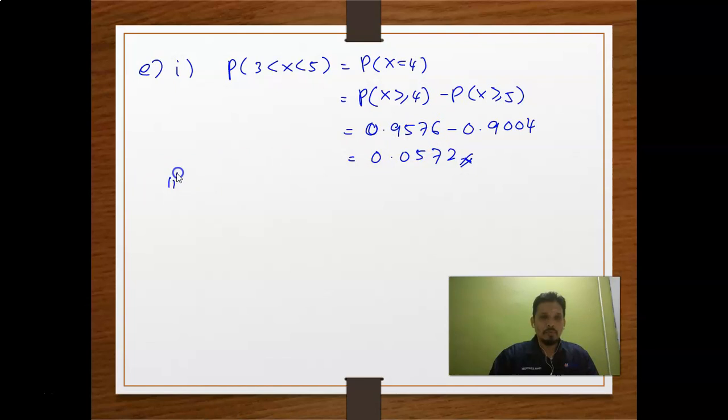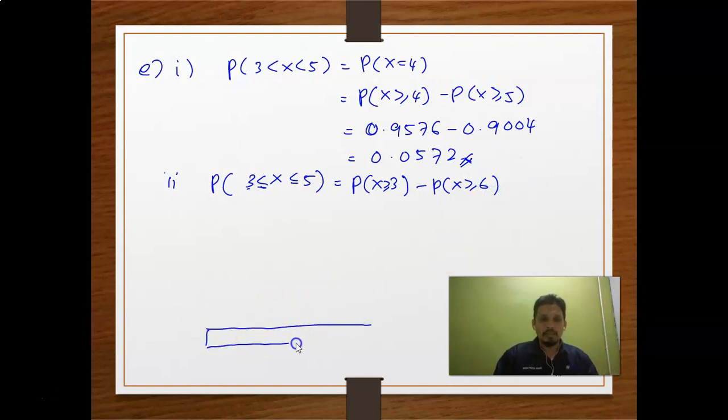And number 2 here, between 3 and 5 calls are made inclusive, meaning including 3 and 5. So we come up with the probability of x greater than or equal to 3 minus the probability of x greater than or equal to 6.